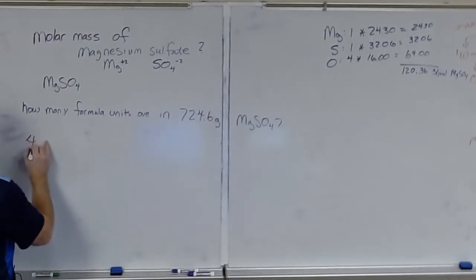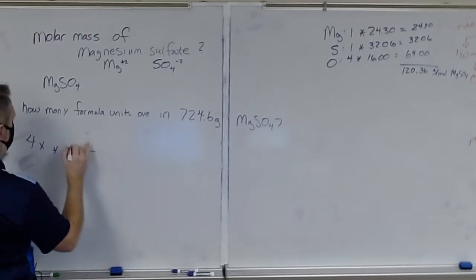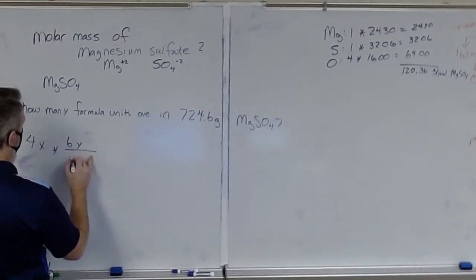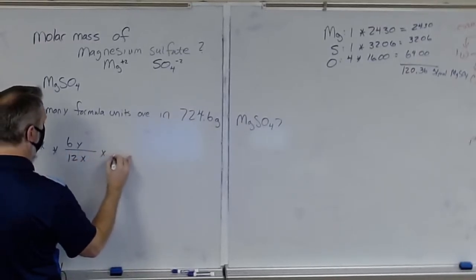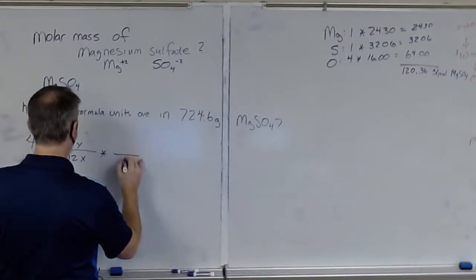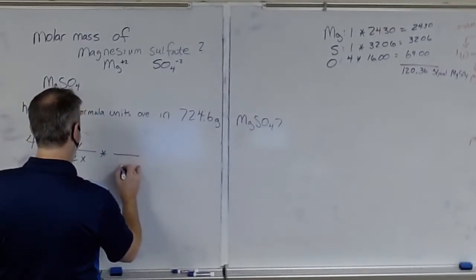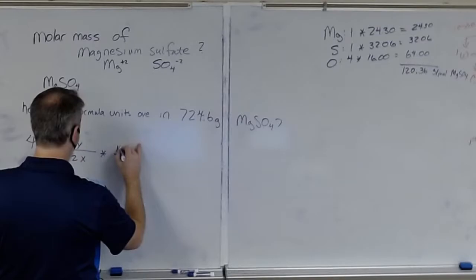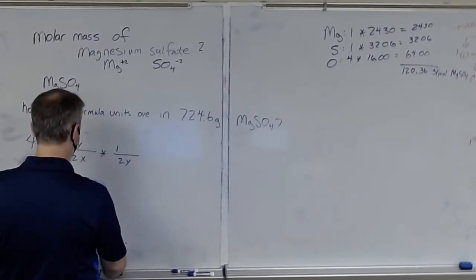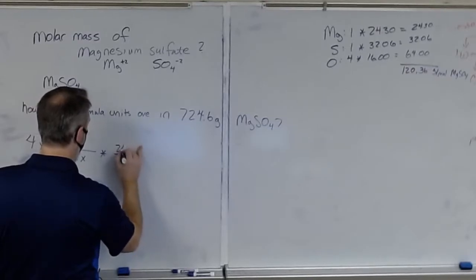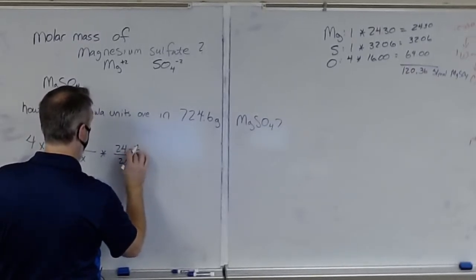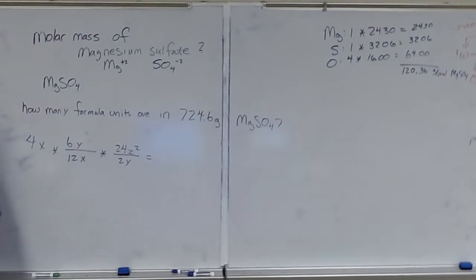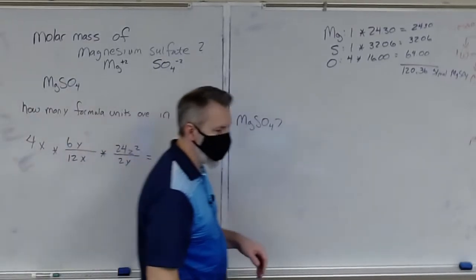So I'm going to have 4x times 6y over 12x times 24z squared over 2y.